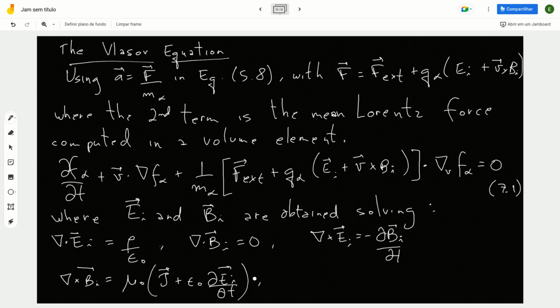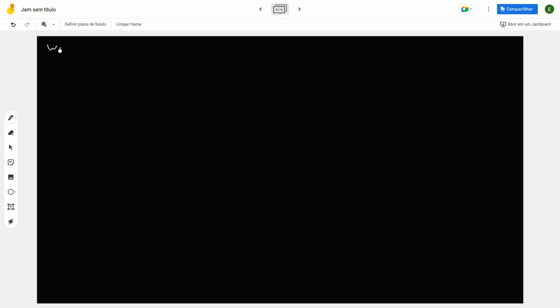What are rho and J? J is here, in the curl of B. And rho is here, with rho equal to the sum over alpha particles of Q alpha n alpha.